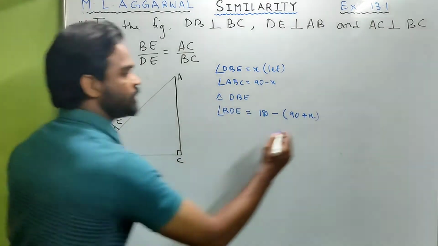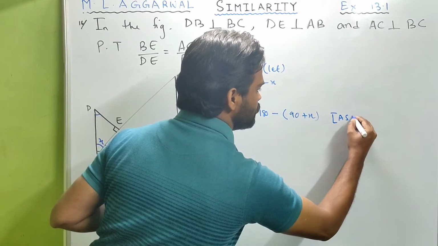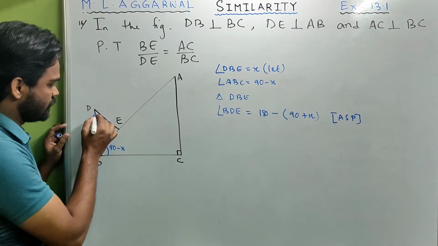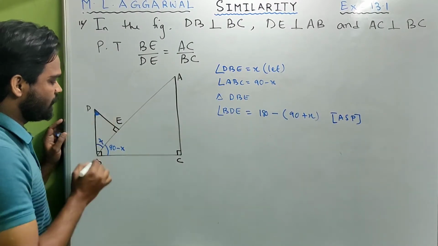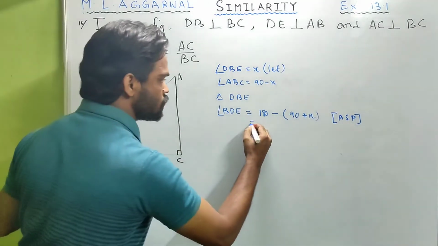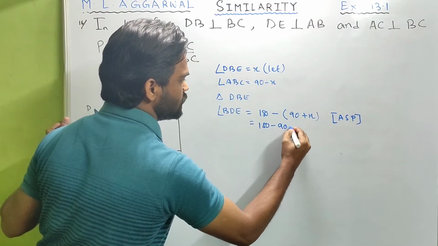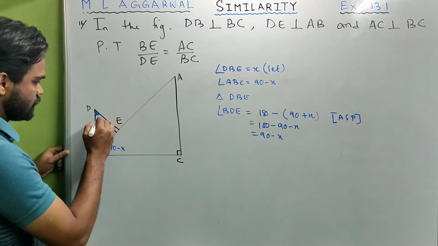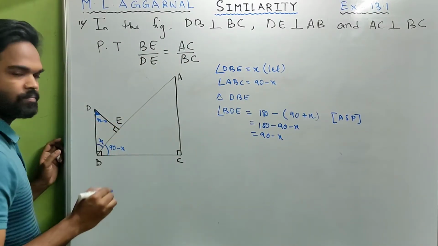That's the angle sum property, isn't it? So if this is 90 and this is x, this angle will be 180 minus these two, which is 180 minus 90 minus x. That's 90 minus x.